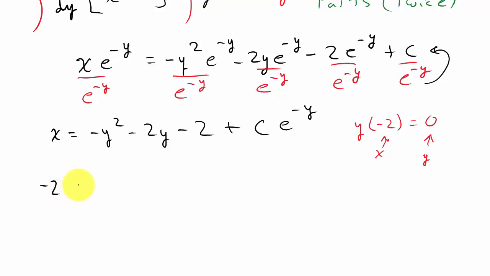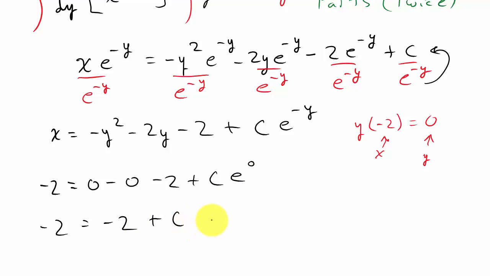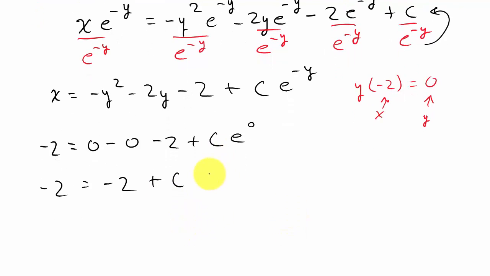So I get negative 2 equals, and then plug the 0 in. Well, that's just going to give me 0 minus 0 minus 2 plus c times e, and then I plug 0 into here. So that's going to give me negative 2 equals negative 2 plus, and then of course e to the 0 is 1, so that's just going to leave me with c. And so I get c is equal to 0.